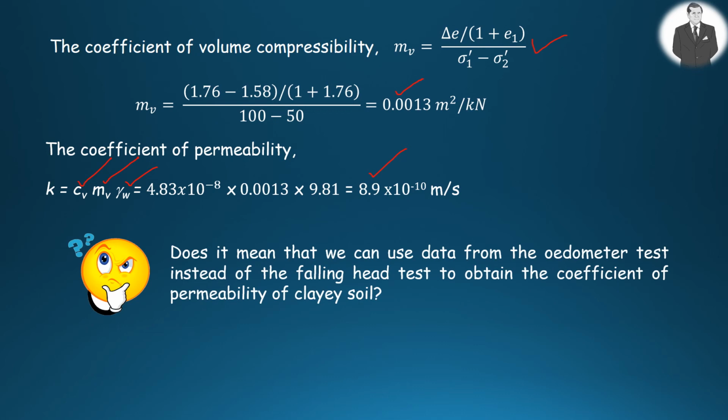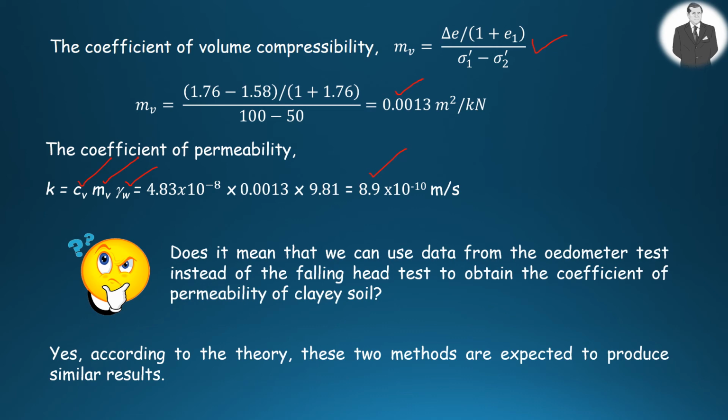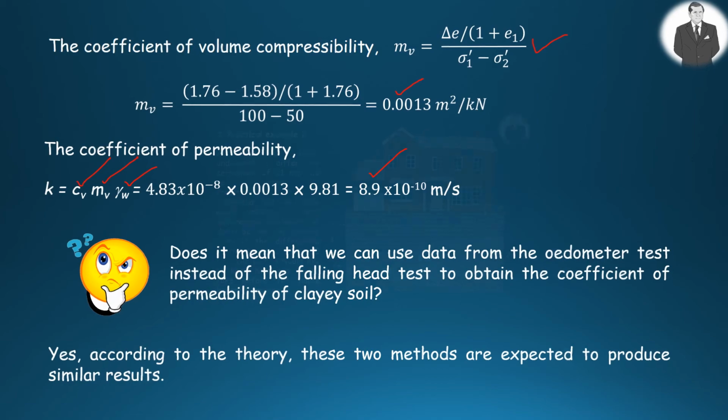The question is, does it mean that we can use data from the odometer test instead of the falling head test to obtain the coefficient of permeability of clay soil? The answer is yes. According to the theory, these two methods are expected to give similar results.